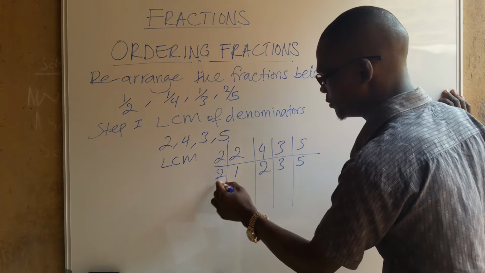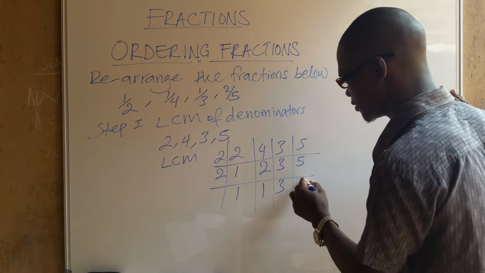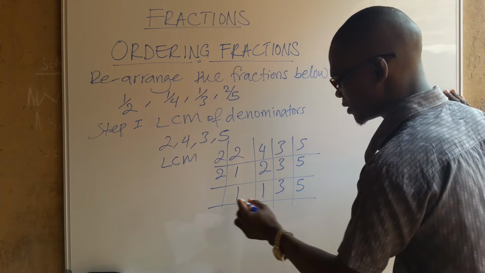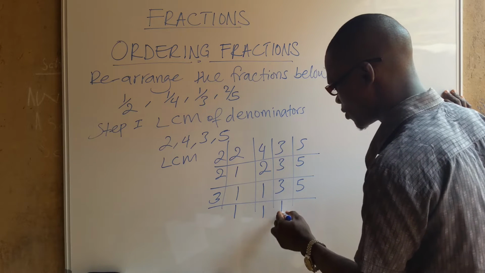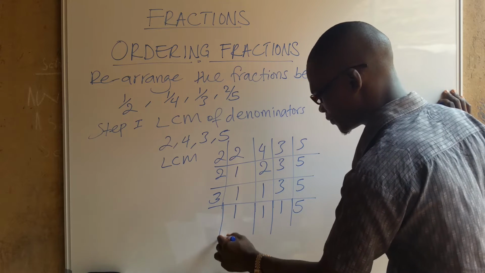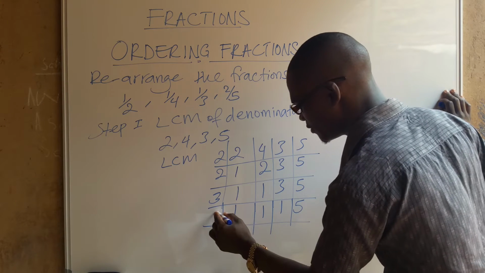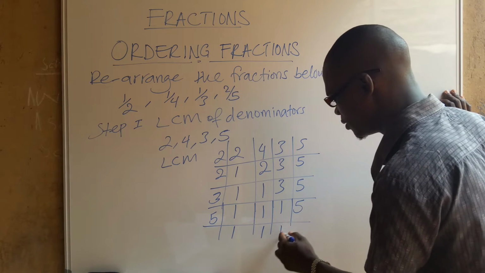Still by 2, you get 1, 1, 3, 5. Then by 3, you get 1, 1, 1, 5. And lastly by 5, you get 1, 1, 1, 1.